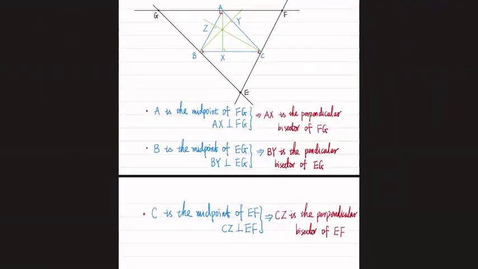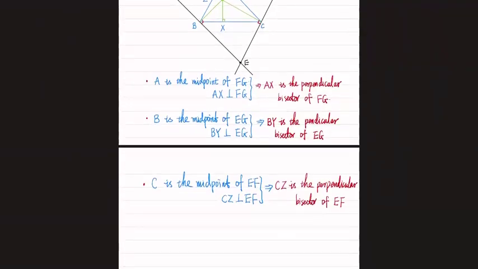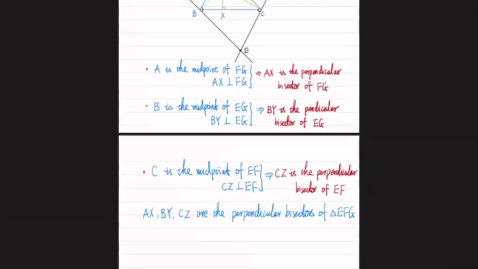Okay, so AX, BY, CZ are the perpendicular bisectors of triangle EFG. So by our previous theorem, perpendicular bisectors are concurrent.